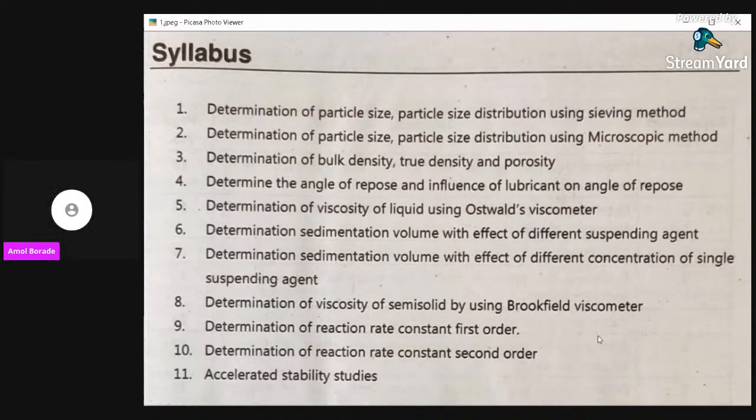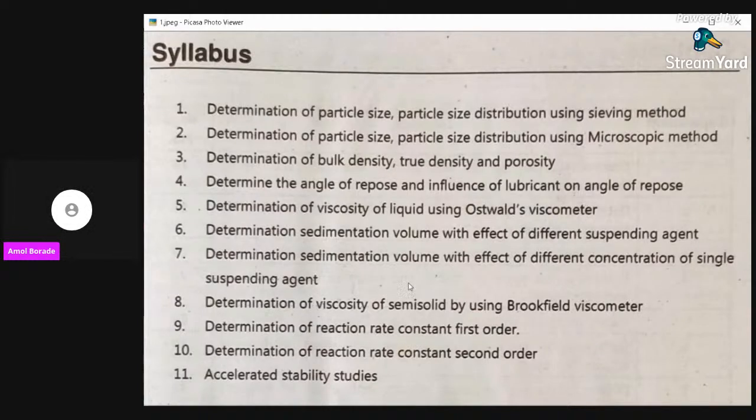We will get the same dose every time with each manufactured tablet. So this is the basic need we have, so we are taking up today's practical.